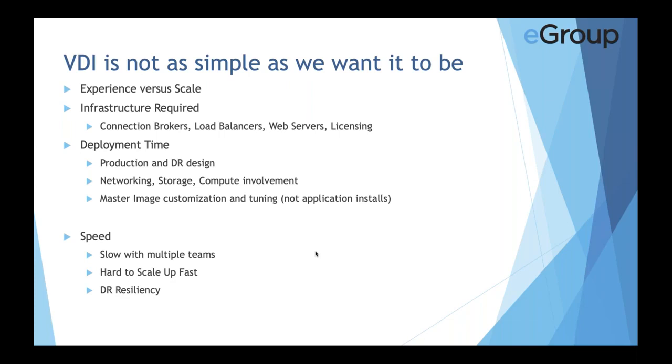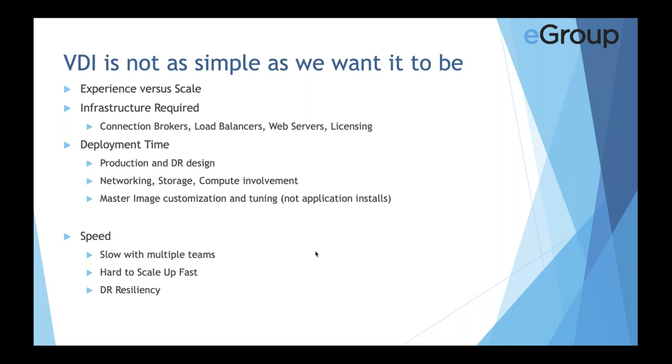In fact, if we look about 20 years ago from what VDI started with, to now, the infrastructure required from a server component has really gotten a lot more, from a functionality perspective. And we're starting to see both Citrix and VMware start to move towards the cloud with Citrix Cloud, for example, and Horizon View in the cloud. But still, it takes a lot of infrastructure to put this stuff together.